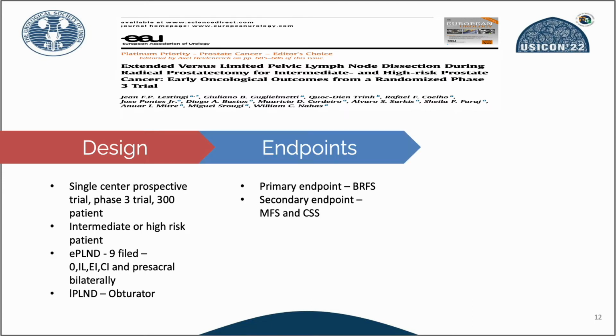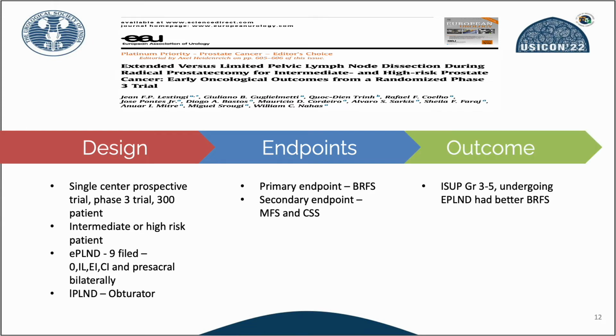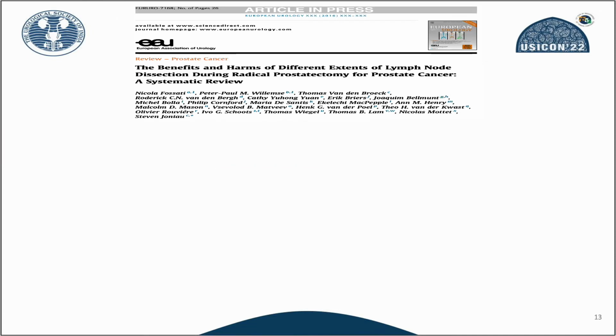The primary endpoint was biochemical recurrence-free survival, and the secondary endpoints were metastasis-free survival and cancer-specific survival. The outcome of the study was, in patients with ISUP grade 3 to 5 undergoing ePLND, they had better biochemical recurrence.